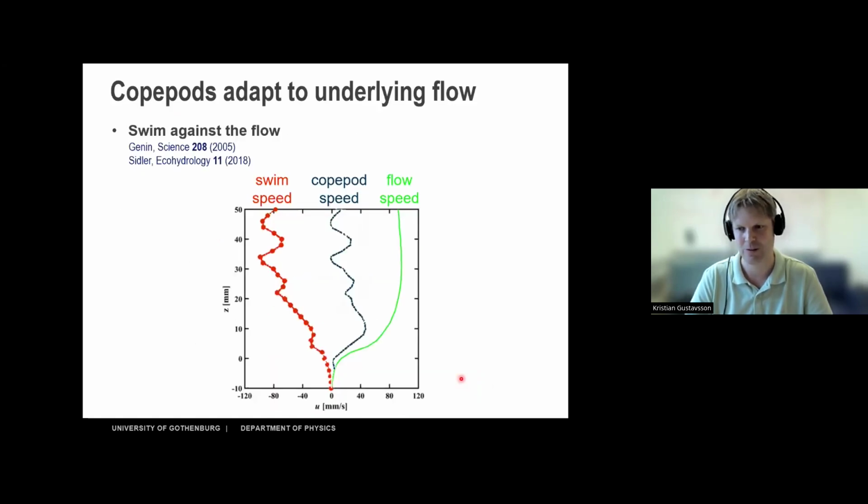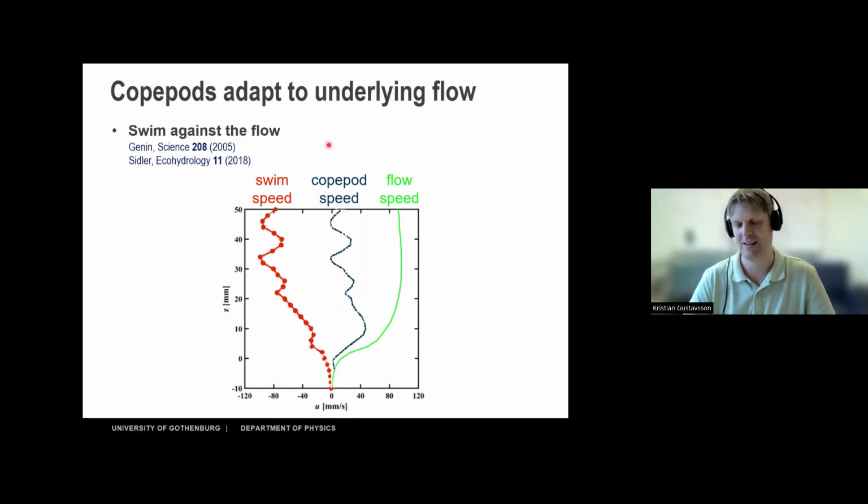And this is also what is seen in experiments. So one can see that the copepods adapt to underlying flow. So here is an example where it's shown that copepods on average swim against the flow.